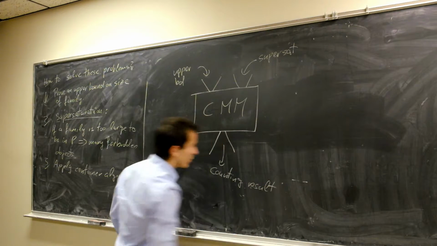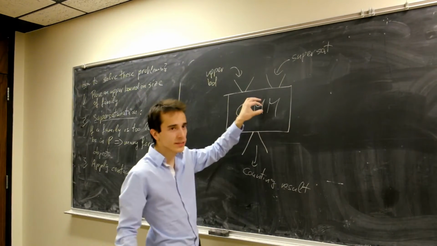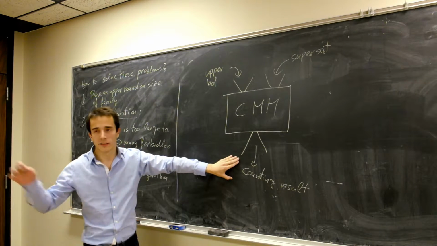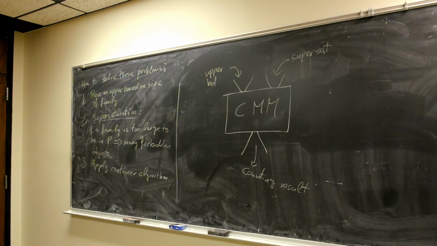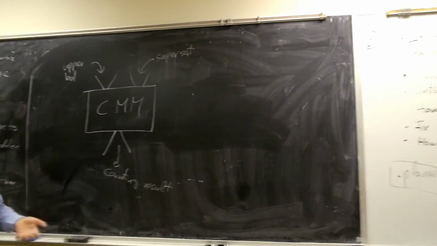And this whole thing kind of works like cooking. So if you put in bad ingredients, then you get a terrible, almost trivial counting answer at the end. So you would get something like number of triangle-free graphs is at most number of graphs, which is not very useful.